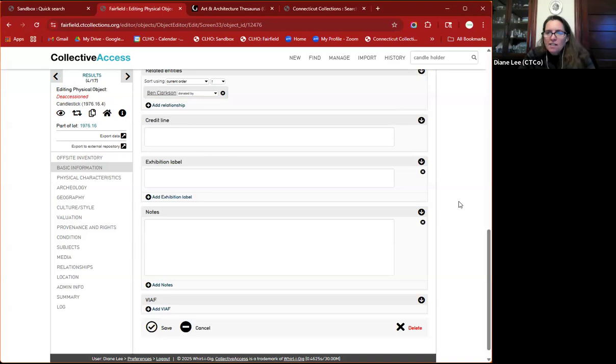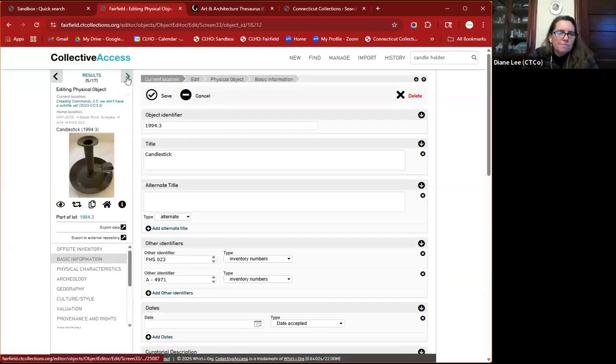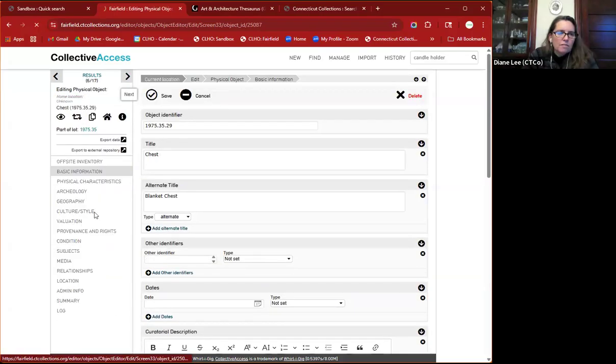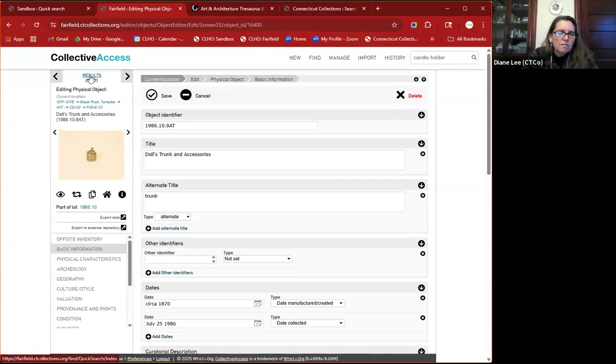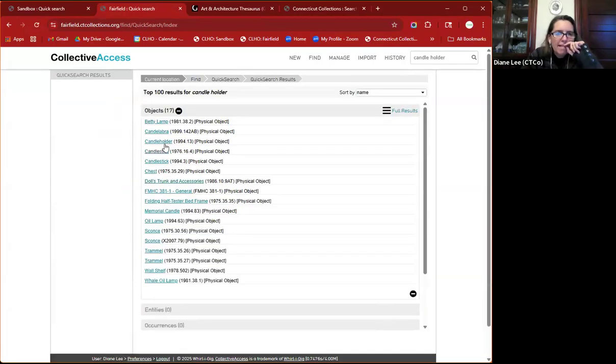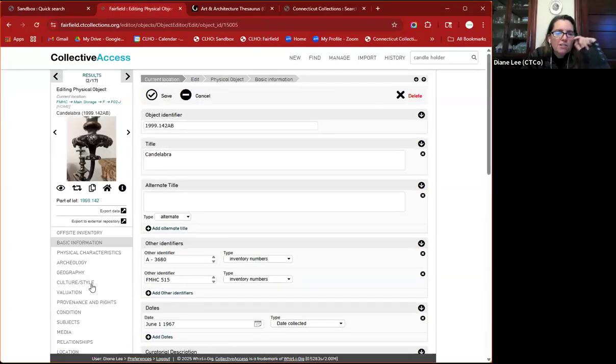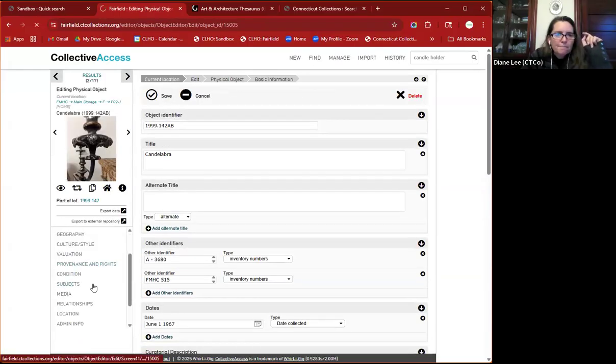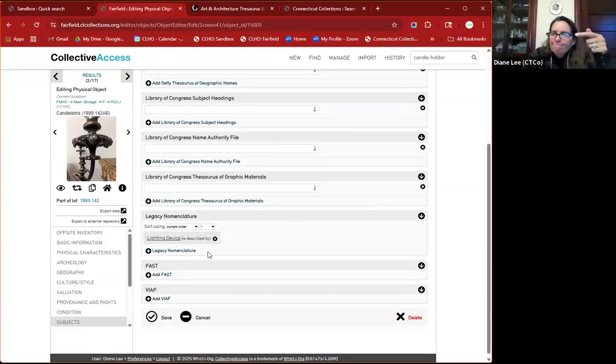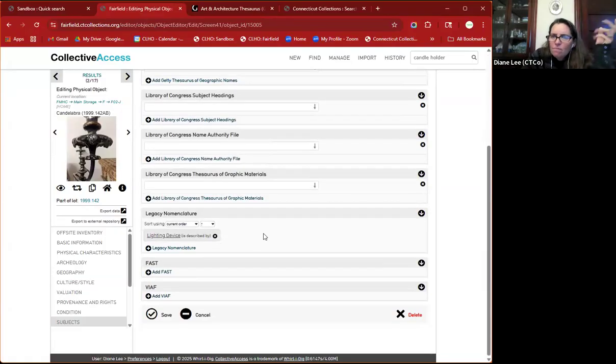Even I wouldn't have ever thought, and I suddenly started looking through our old little catalog cards and like, lighting device. Okay, yeah, I guess that makes sense. It's probably more that candelabra's got it in there somewhere. As a legacy nomenclature. I'm just curious now. Lighting device. Yep. It's a candelabra. It holds candles. Okay, lighting device, fine.